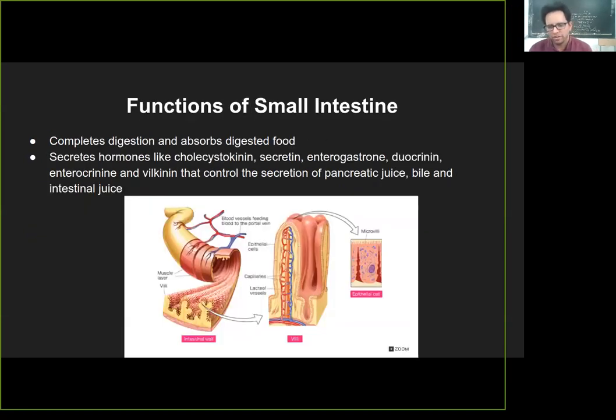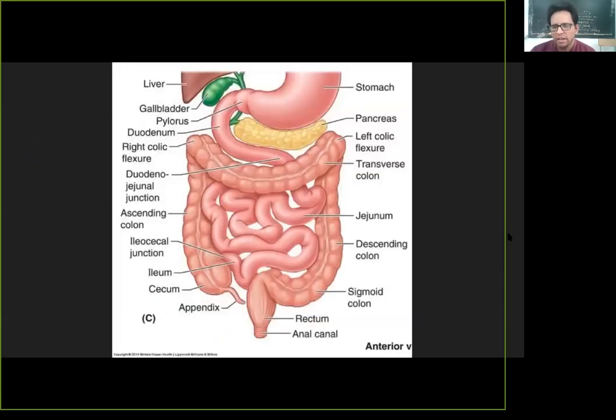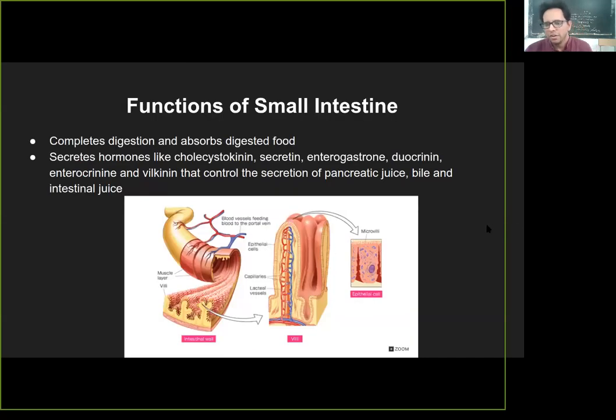Now, function with respect to the small intestine. The different layers of the small intestine walls, we will see in general while we study the histology part.